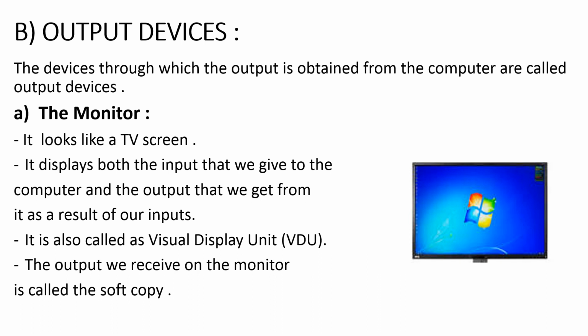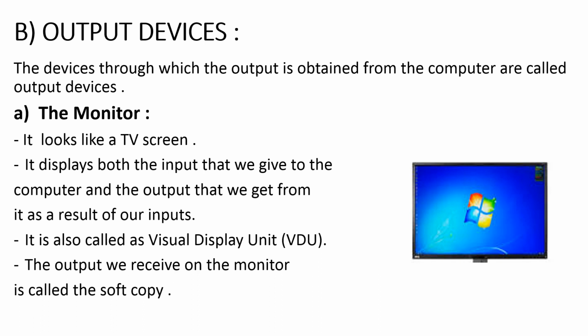As we are entering data into the computer, it displays that as input, but it also displays the output that we want from the computer as a result of our inputs. It is also called the visual display unit, in short VDU.